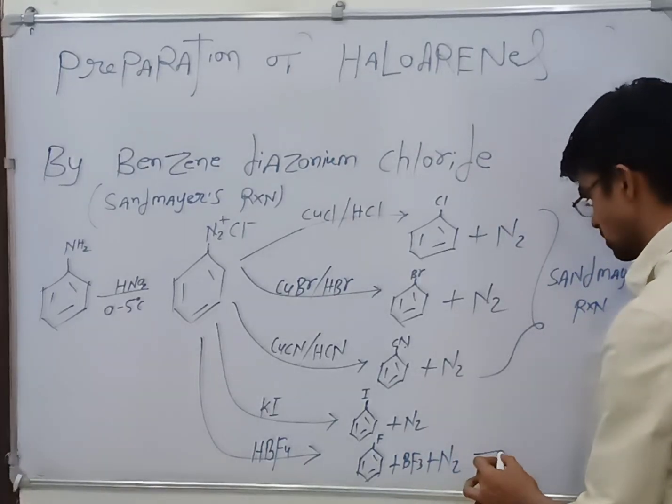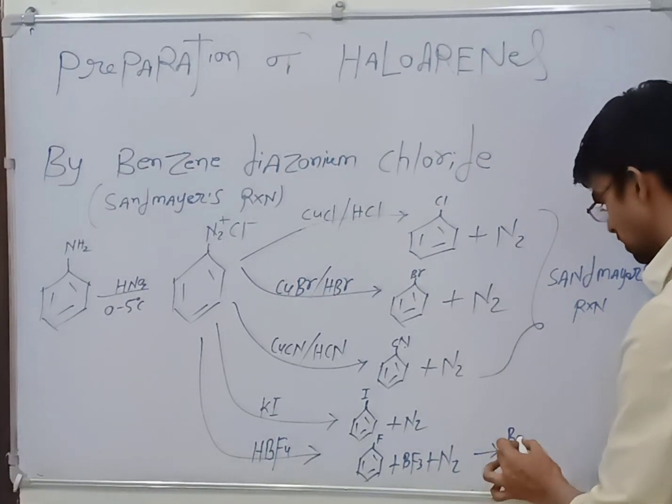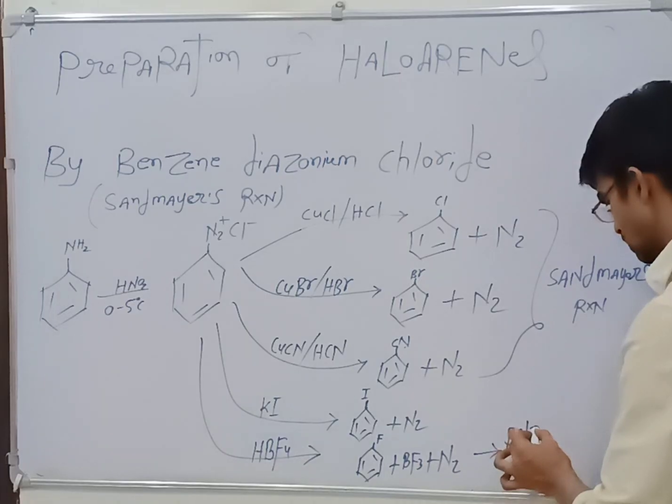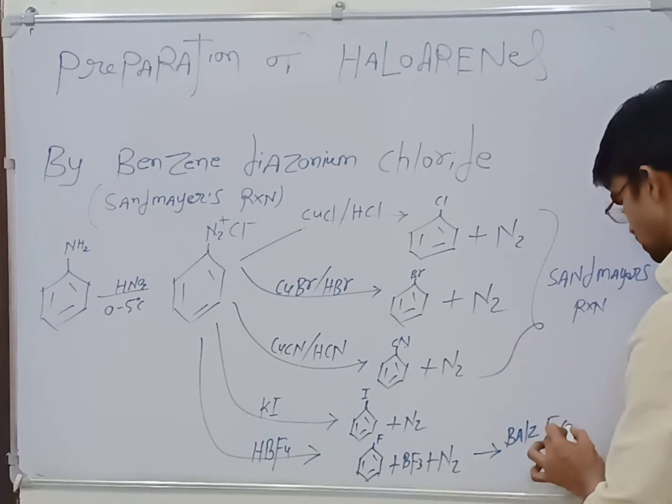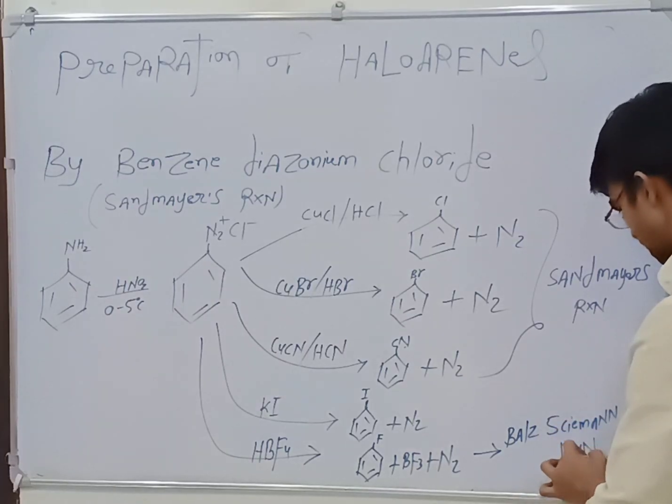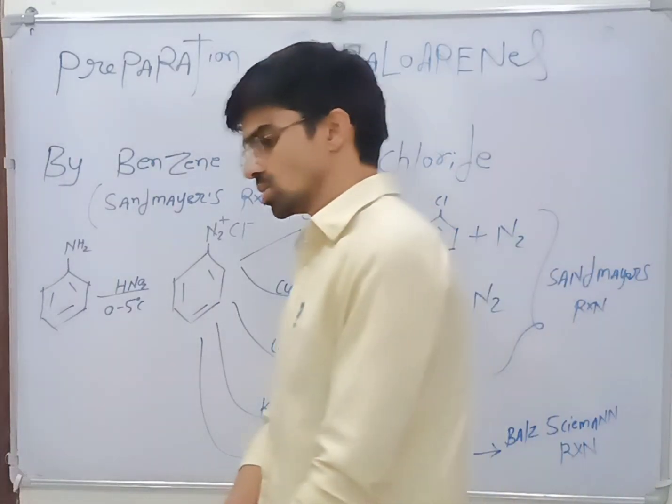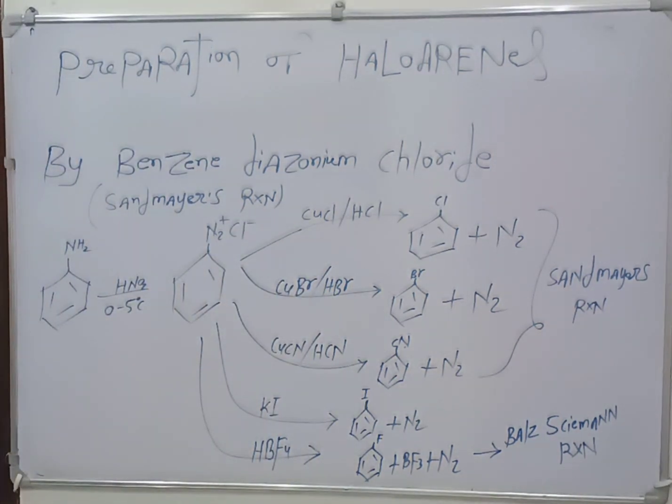The last reaction is called the Balz-Schiemann reaction. So these are the reactions of benzene diazonium chloride with different products, and they give haloarenes.